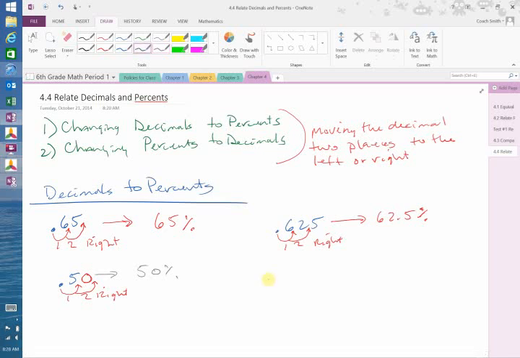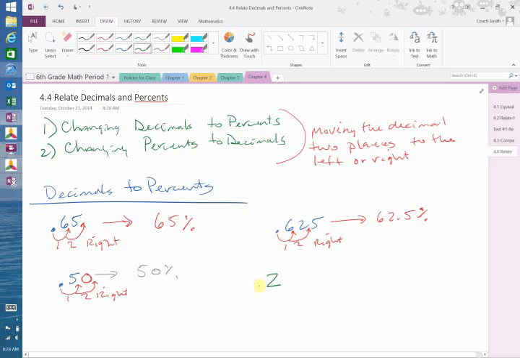It doesn't matter if it's a whole number, 2. Where would the decimal be in the whole number 2? I haven't moved it yet. Where is the decimal located in the whole number 2?